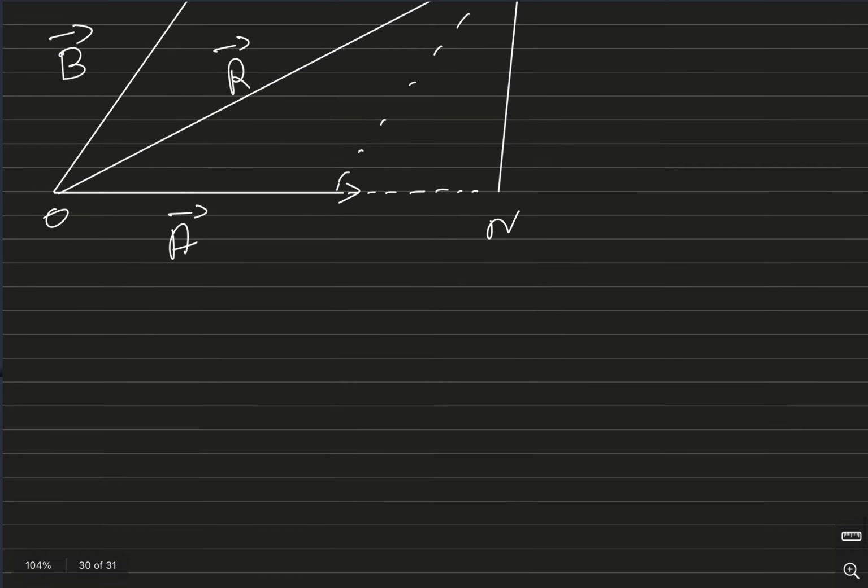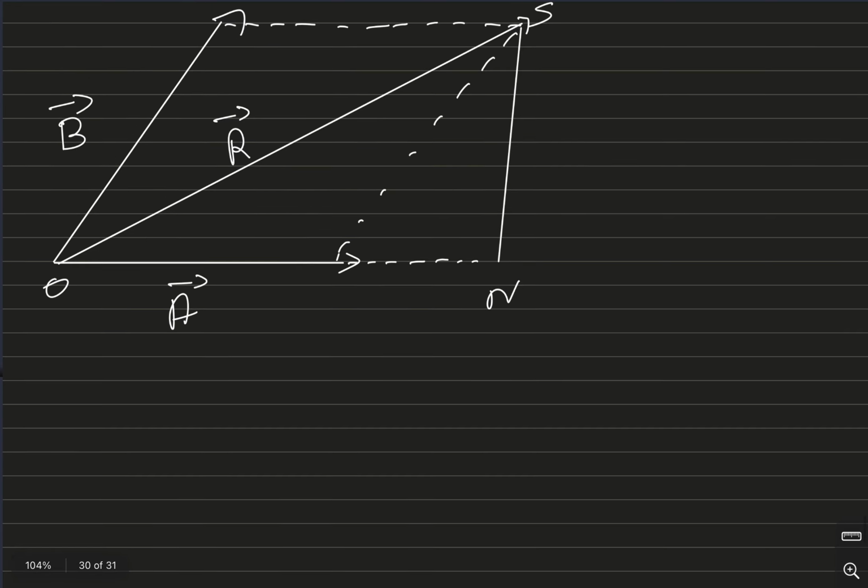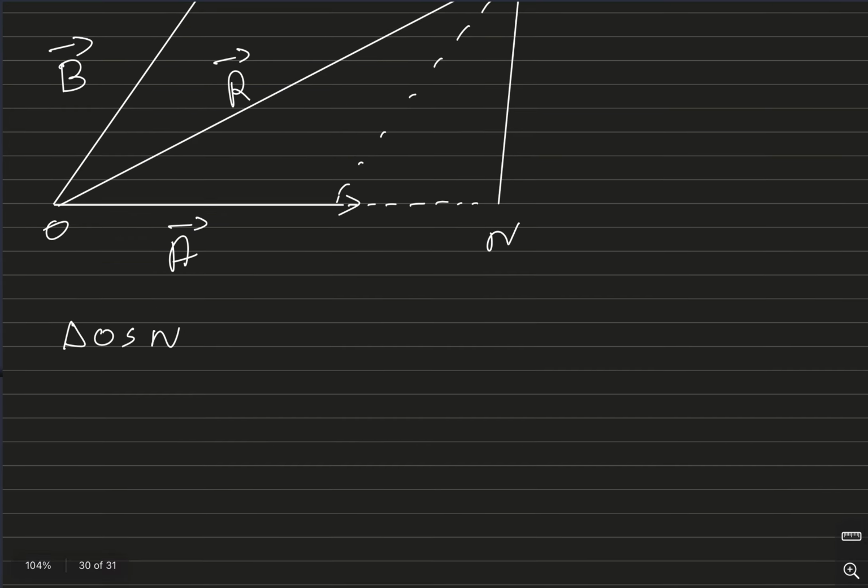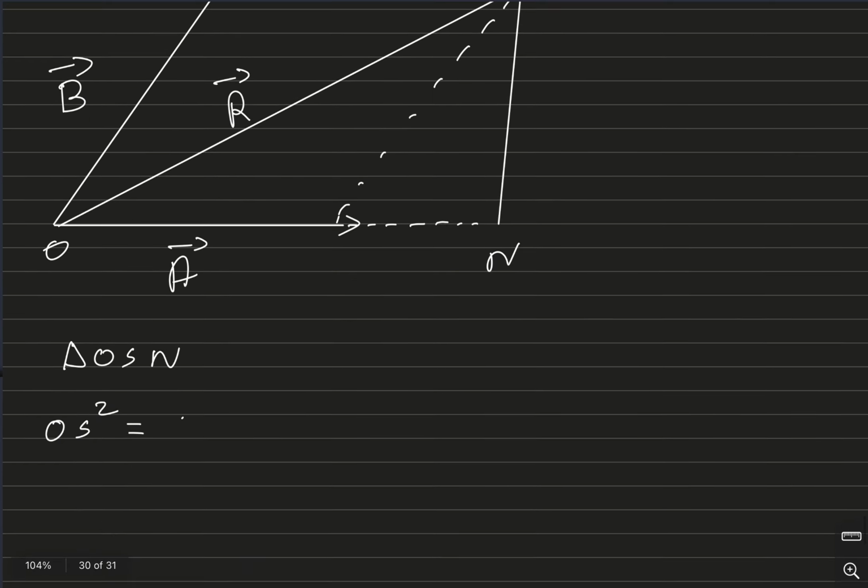So we use the Pythagoras theorem on this triangle OSN: OS square is equal to SN square plus base square, which is ON square.